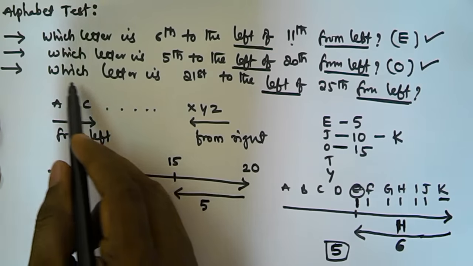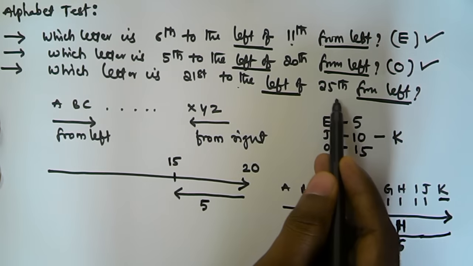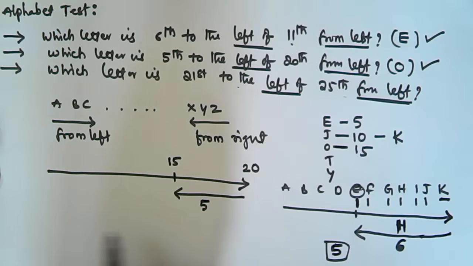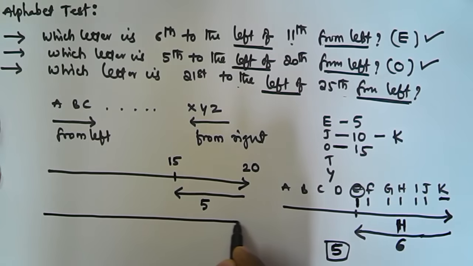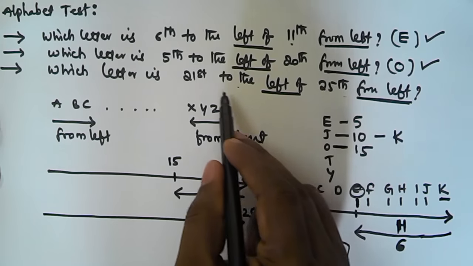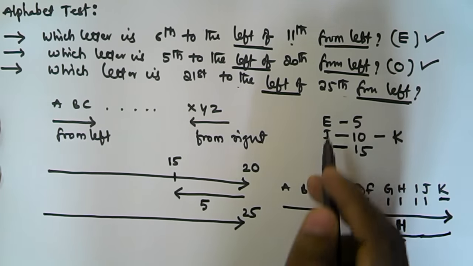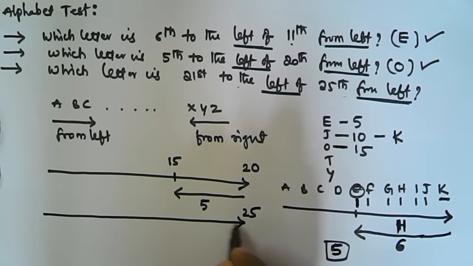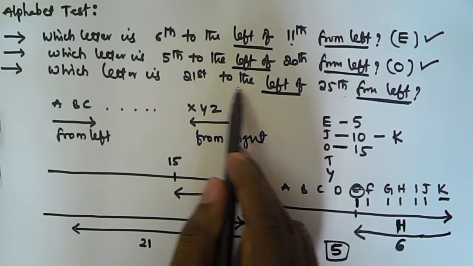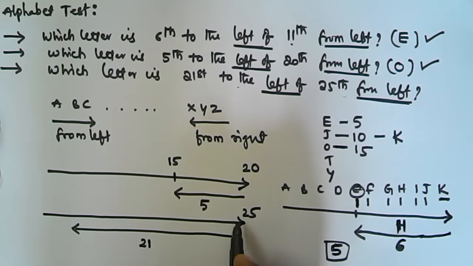In the same manner, which letter is 21st to the left of 25th from the left? First find the 25th from the left. Let us assume we move from A to the 25th here, right? Again 21st to the left of 25th. The left means again we have to move in this direction. This is the right side of the 25th, this is the left side.